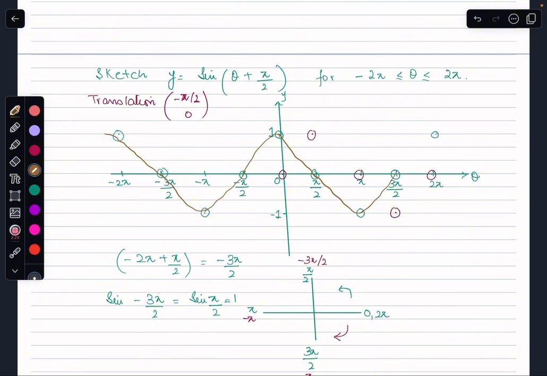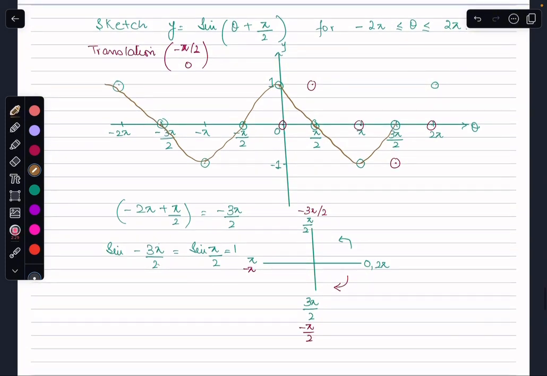We know that a negative angle means we have to move in the clockwise direction. Therefore, negative 3 pi by 2 lies here, and in the anti-clockwise direction, it's a positive pi by 2. We have already discussed that the clockwise and anti-clockwise angle values should give us the same trigonometric value. Therefore, sine of negative 3 pi by 2 shall be equal to sine of pi by 2, which is equal to a positive 1.